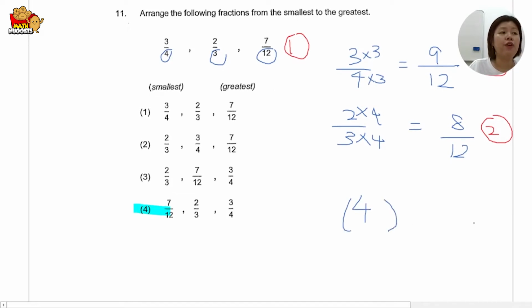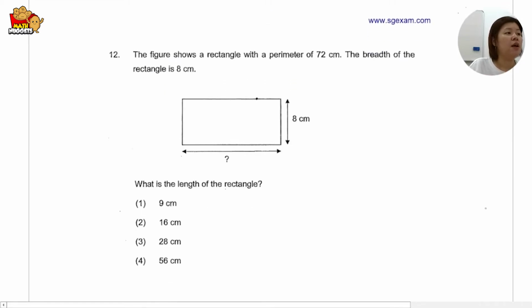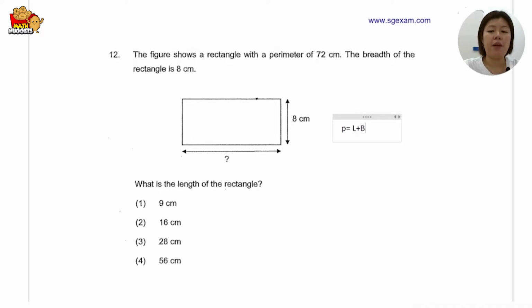Okay, let's move on to the next one. Here shows a rectangle with a perimeter of 72 cm. It's given you the breadth of 8 cm. So we know that perimeter is actually length plus breadth plus length plus breadth.